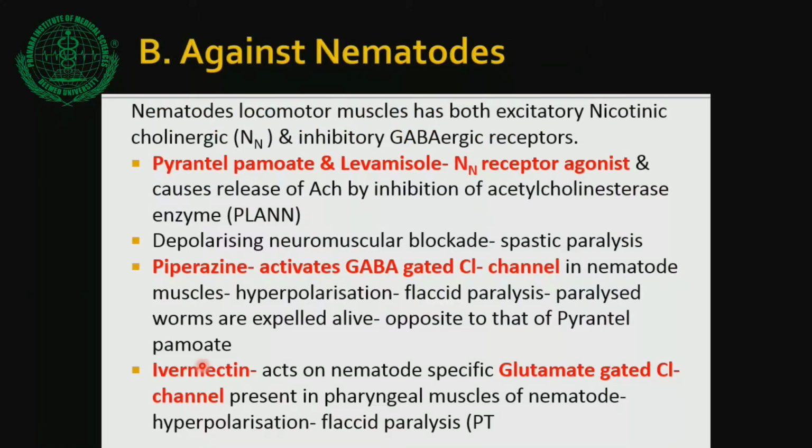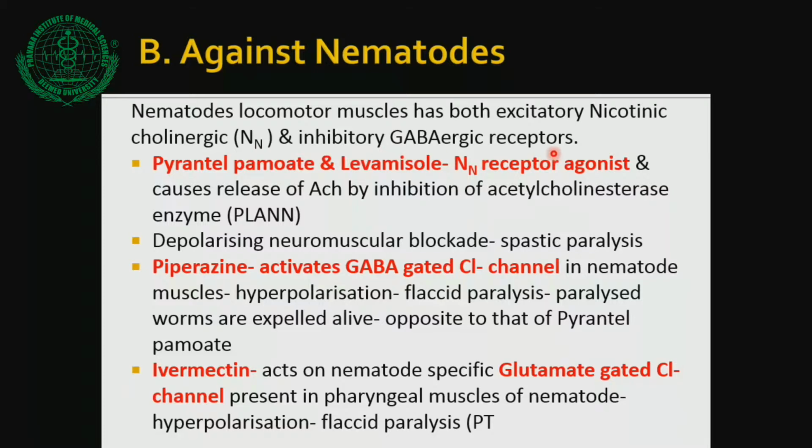Then against nematodes. These are the broad spectrum drugs which we have seen. Now the drugs which are specifically active against the nematodes. First, the nematode locomotor muscles have both excitatory nicotinic cholinergic and inhibitory GABAergic receptors.